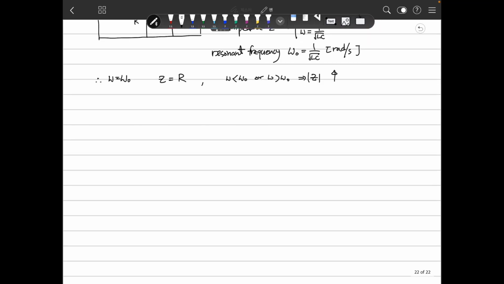So if we draw the magnitude of G, this is omega and this is omega 0. Here we can get that this is R values. I mean, this is the magnitude of Z.